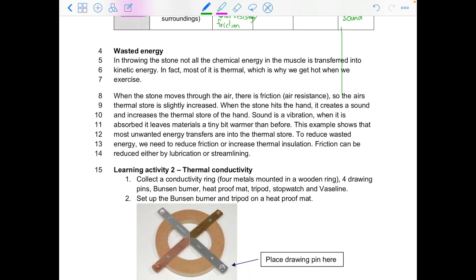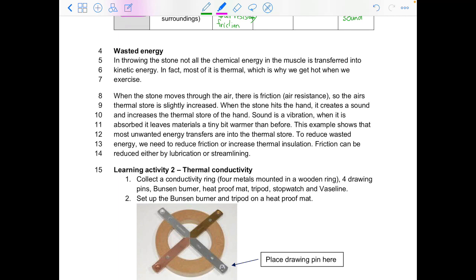With this, we look significantly more at various types of wasted energy. Not all the chemical energy that we have in our muscles when we throw the stone is converted into kinetic energy. We know that when you do any kind of moving, you get warm. When you go to PE class, you come back, you're warm, you're sweaty.